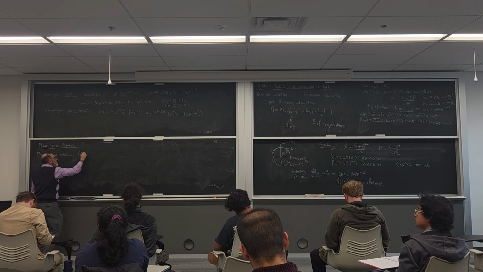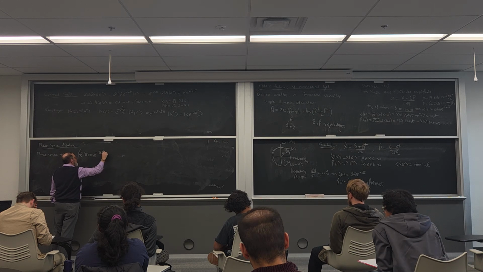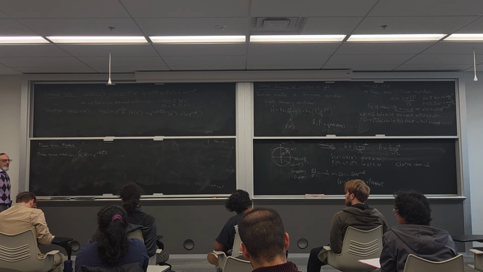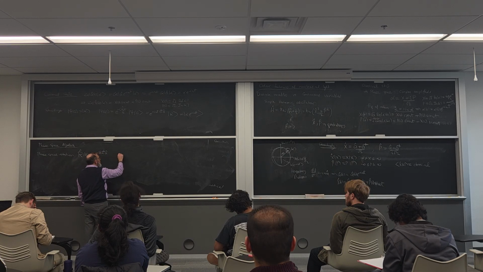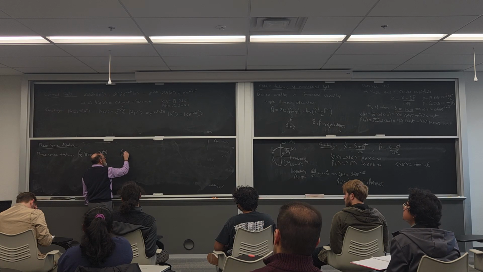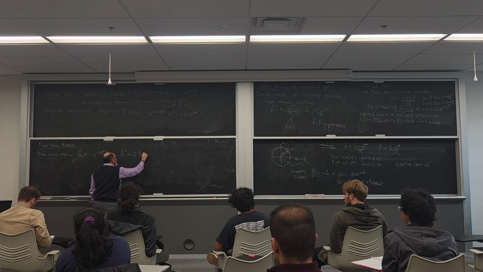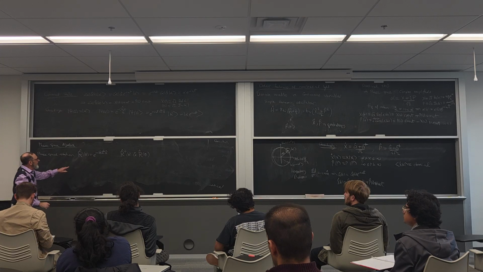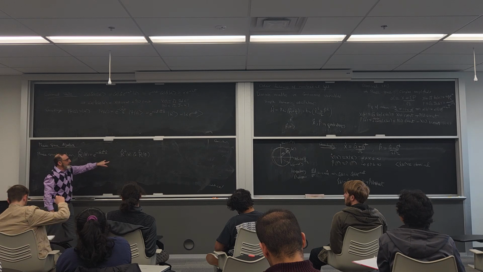I'll call it R as a function of theta, e to the minus i times theta times the number operator. Okay? This is a rotation operator that rotates in phase space. So let's look at this object, a unitary transformation. This is a unitary operator. I claim it's a rotation operator in phase space.